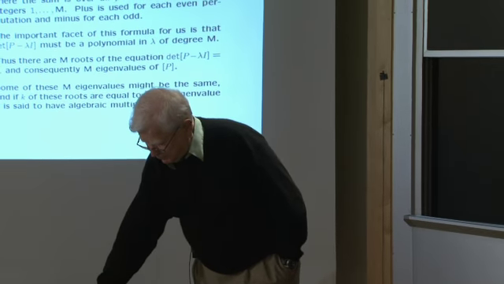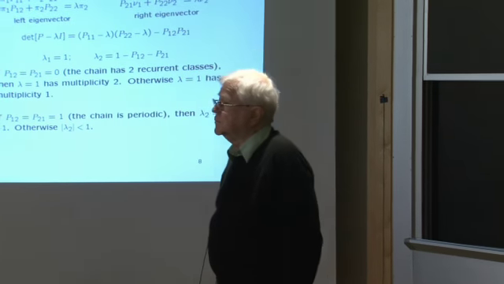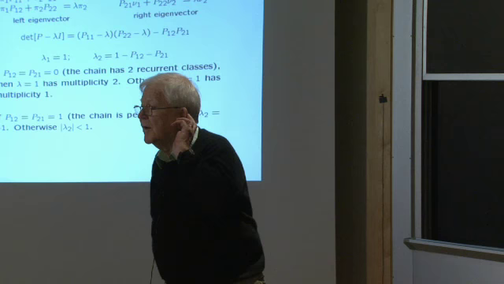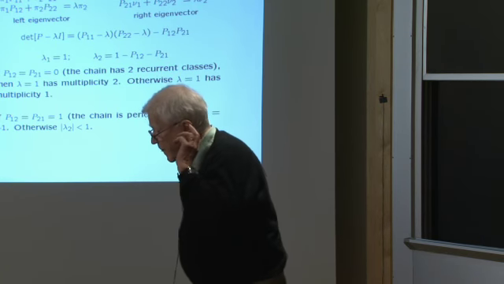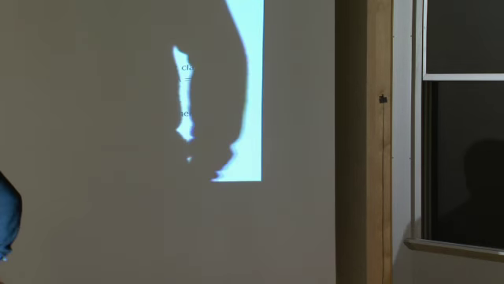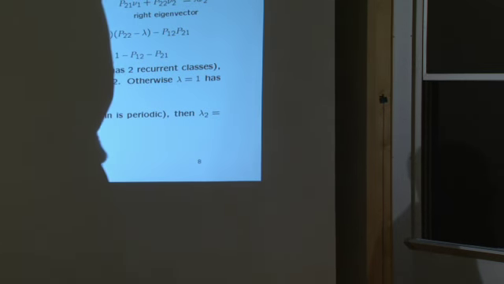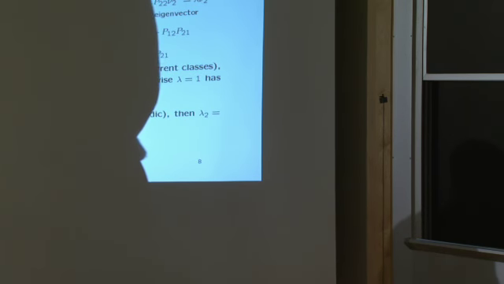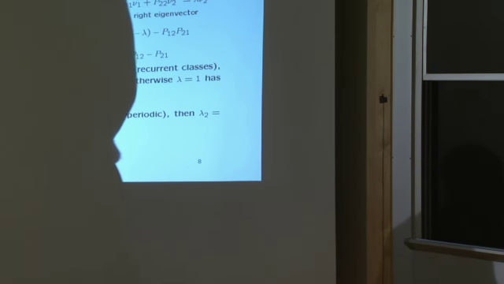Why would we care about all M eigenvectors if we are only concerned with the ones that have eigenvalue 1? Well, because we're interested in the other ones, because that tells us how fast P to the n converges to what it should be.